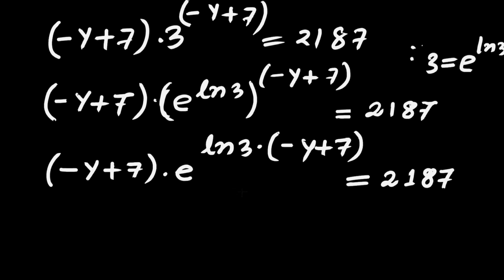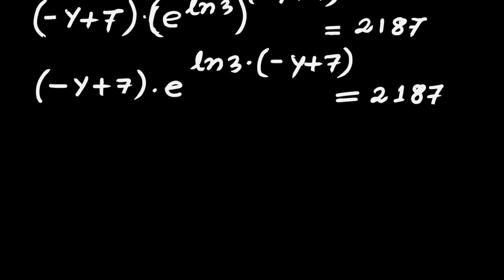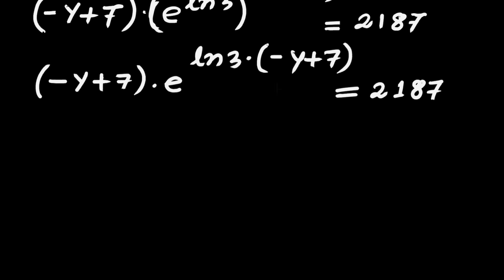We're getting very close now. The only thing stopping us from using Lambert W is that extra natural logarithm of 3 sitting inside the exponent. So let's multiply both sides of the equation by natural logarithm of 3.